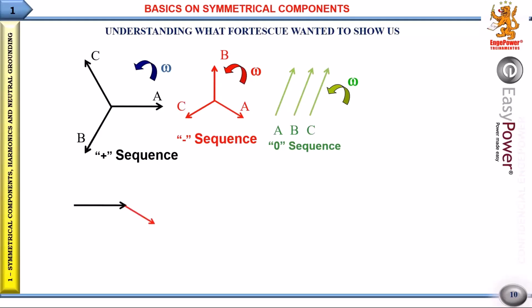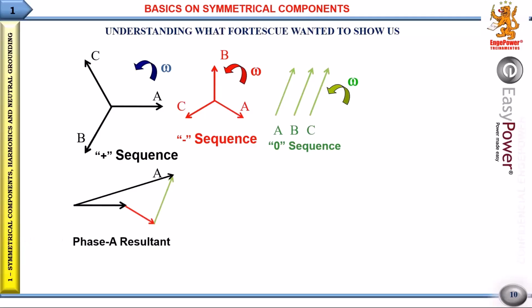The third vector uses the same philosophy, the beginning at the end of the last one. So the resultant for phase A, we will start from the beginning of the first phasor to the end of the last one. This is the resultant for phase A.